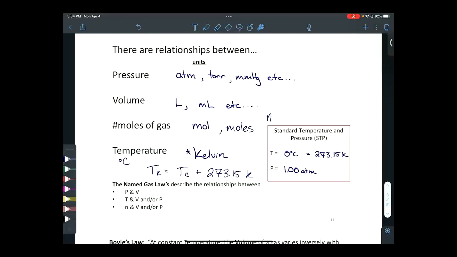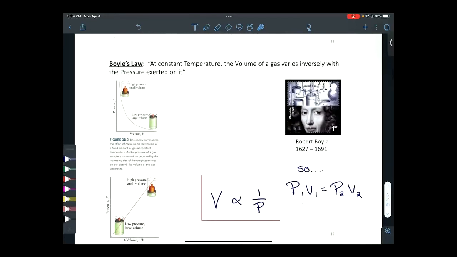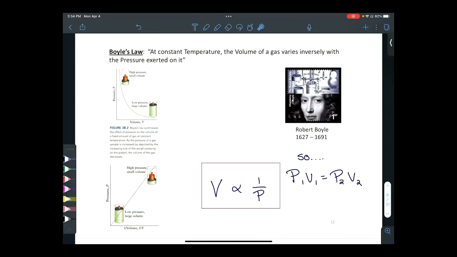If you see the conditions STP, it automatically means 0 degrees Celsius and 1 ATM. It's just shorthand because we're all lazy. So if I say STP, you should know it means 0 degrees Celsius or 273.15 Kelvin and 1 ATM. We don't have time to do the gas laws, so I'll just stop right here.